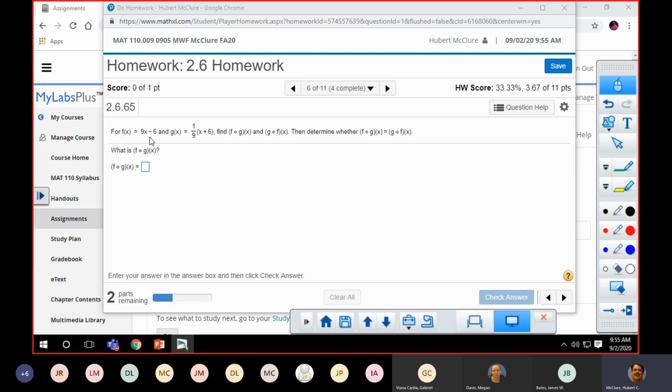All right, so here this says f of x is 9x minus 6, and g of x is equal to this. Find f composed of g and g composed of f. Then determine whether f composed of g of x is equal to g composed of f of x. In other words, are they the same? So let's go ahead and do this one and then we'll shut her down today.